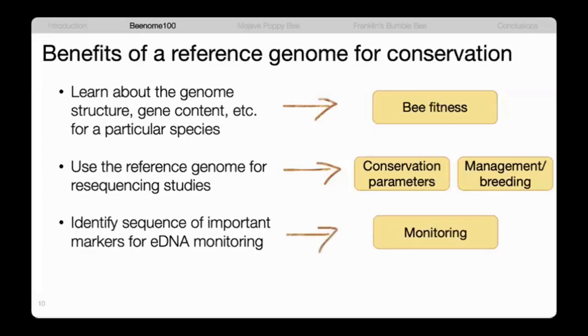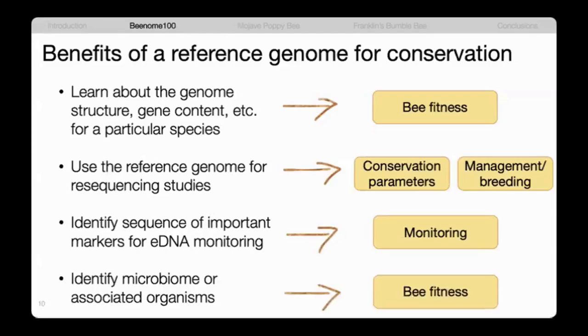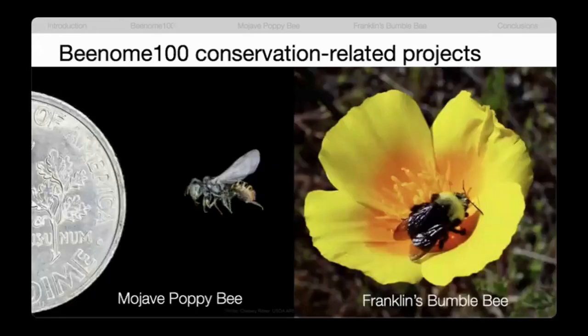We can use the reference genome for identifying sequences of important markers, genome-wide or mitochondrial or locus-specific for environmental DNA monitoring. And then we can use the associated sequence data from a reference genome to identify the microbiome or associated organisms, which again tell us something about the bee fitness.